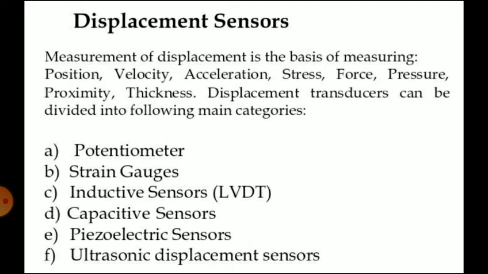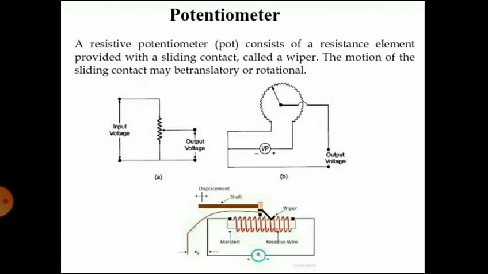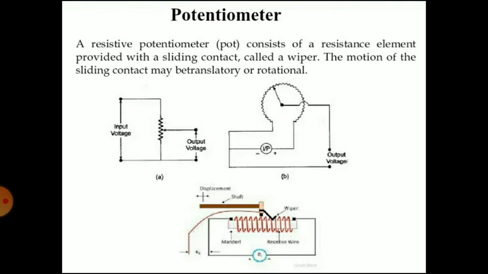First is potentiometer, second strain gauges, third inductive sensors, LVDT. Fourth is capacitive sensors, fifth is piezoelectric sensors, and sixth is ultrasonic displacement sensors. Now, the first type of displacement sensor is the potentiometer sensor.